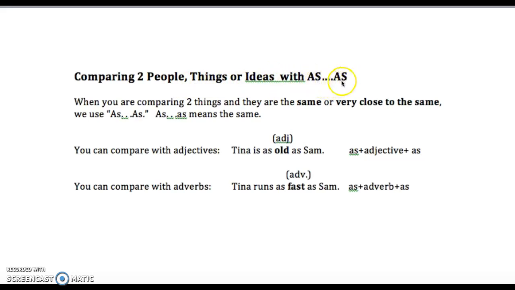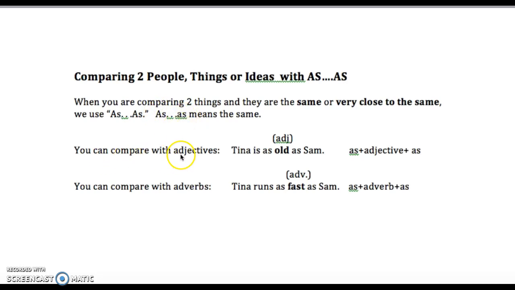So you always need these two as, and in the middle, you could have an adjective or an adverb. We compare two things with as when they are the same, or they're very close to the same. As means the same.